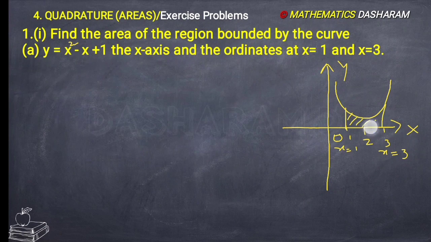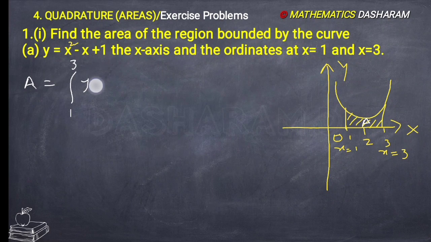Then this area we have to find out. Next, after drawing the rough diagram, the area A equals this area, denoting it with capital A. Area A equals, let's define the definite integral, integration from 1 to 3. The area is formed from 1 to 3.